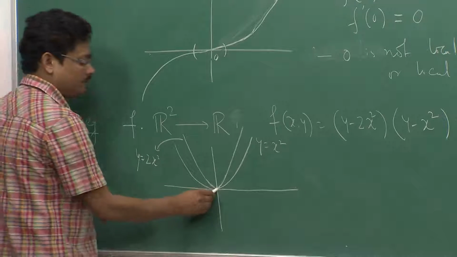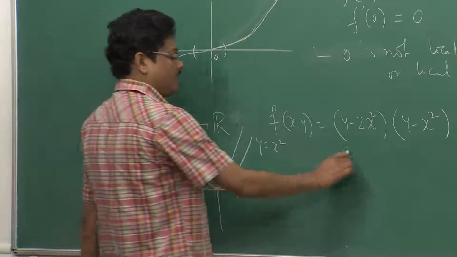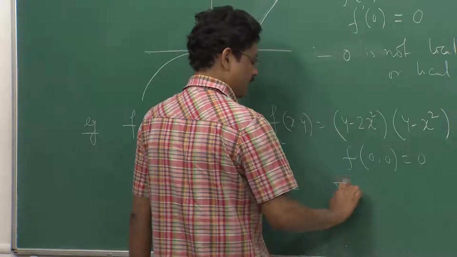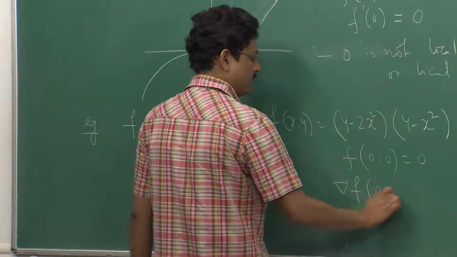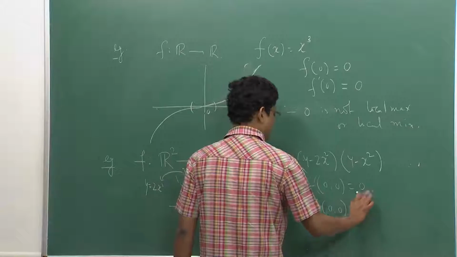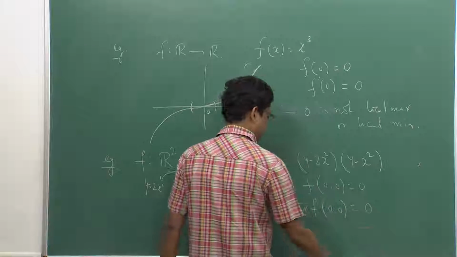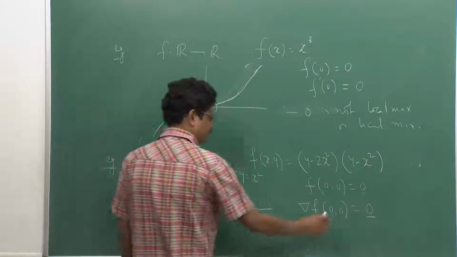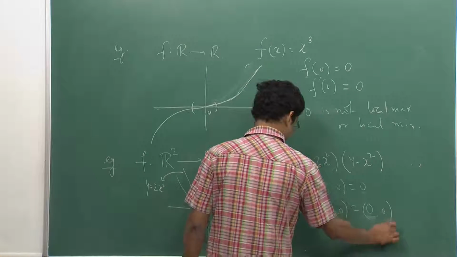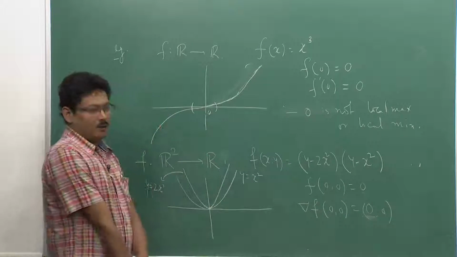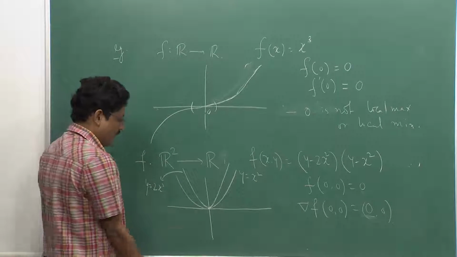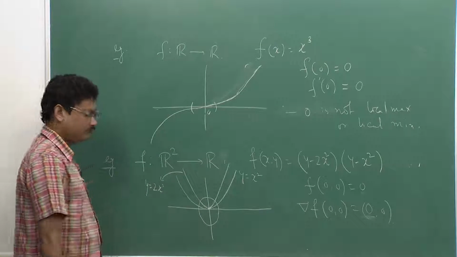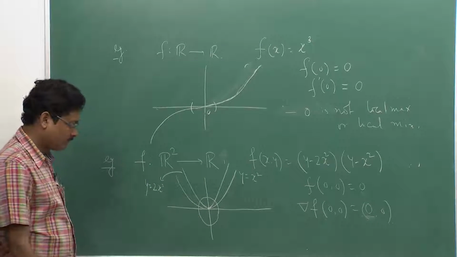And look at 0. F of 0 0 is 0, and you calculate grad f at 0 0, this is also 0. But what about the neighborhood of 0? Okay, let us take any neighborhood around 0, any delta, does not matter which delta.